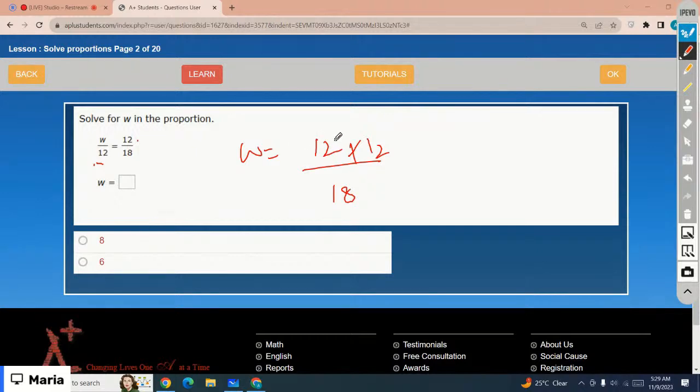So 6 times 2 is 12 and 6 times 3 is 18. 3 times 4 is 12 and 3 times 6 is 18. So you are left with just 2 times 4. Either you can just multiply and divide. So the correct option is 8, right? w equals 8.